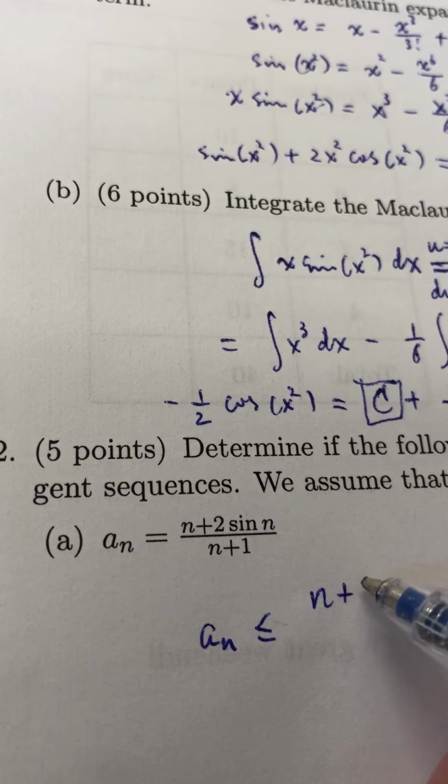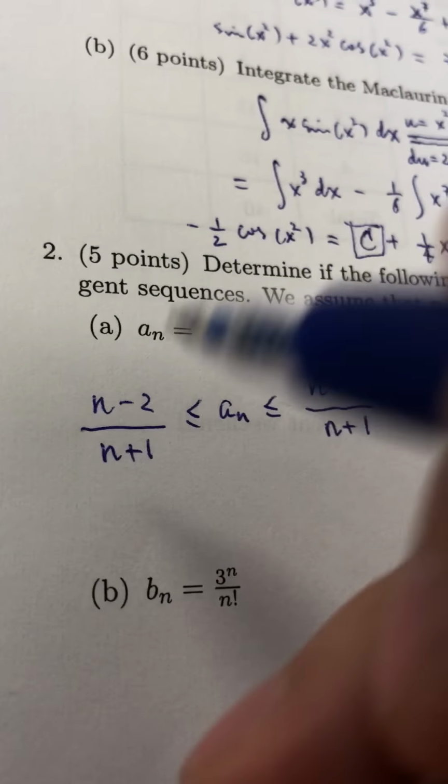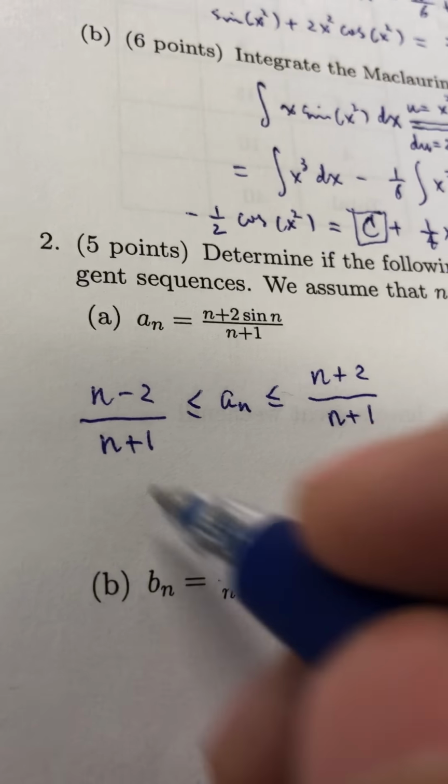Now, once you have this pinch, try to evaluate the limit of both sides in this inequality. Obviously, both of them are equal to 1.